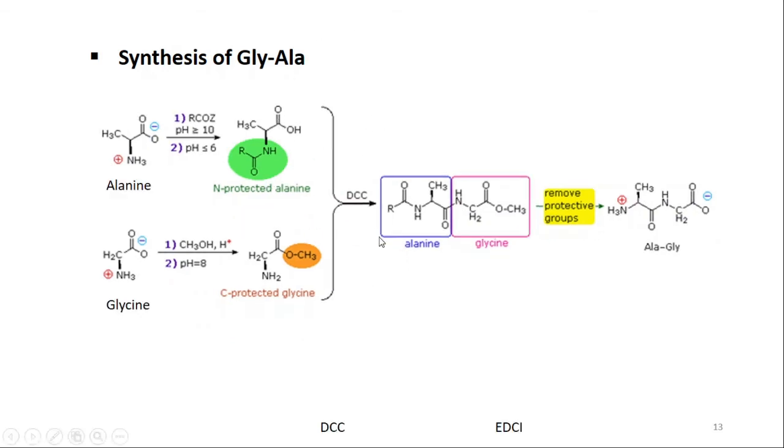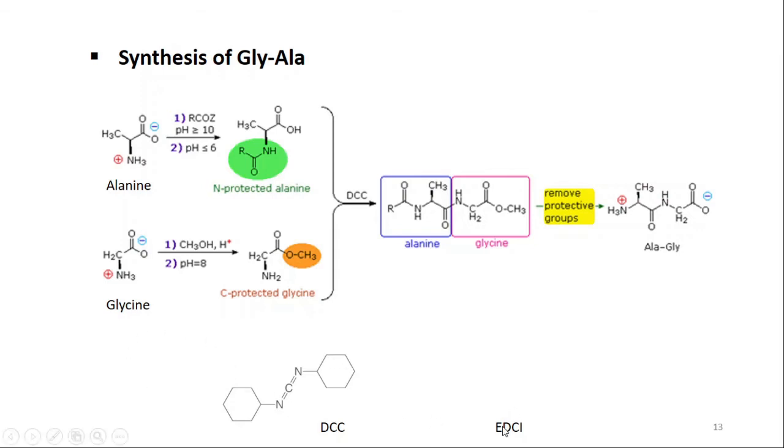The structure of DCC is dicyclohexylcarbodiimide. You have dicyclohexyl groups and a carbodiimide group in between. After the CONH formation you get a urea derivative as the end product, which can be easily removed by column.